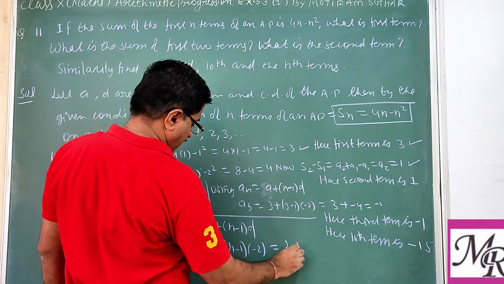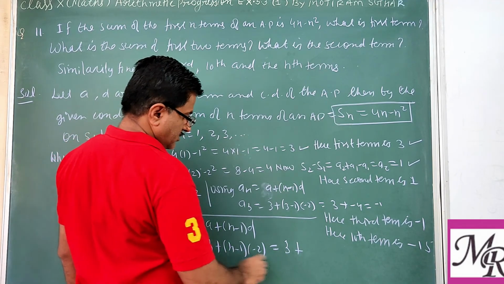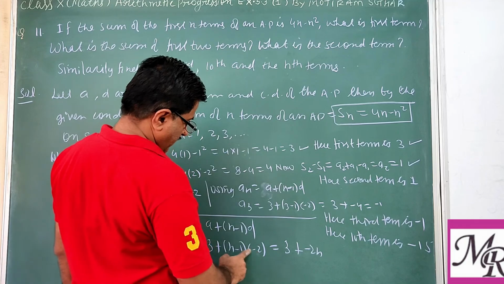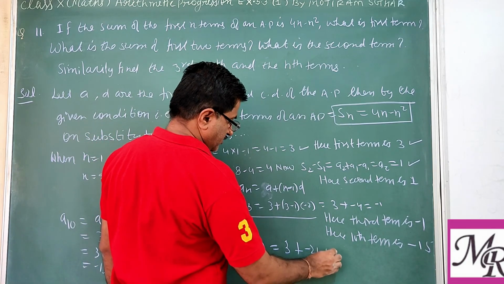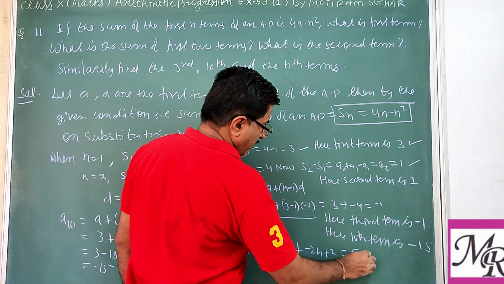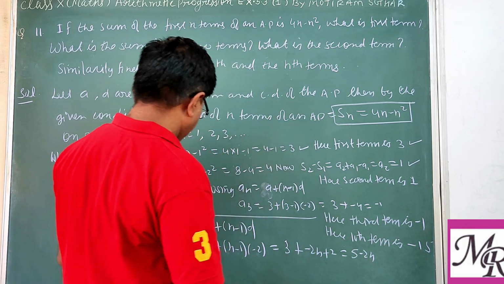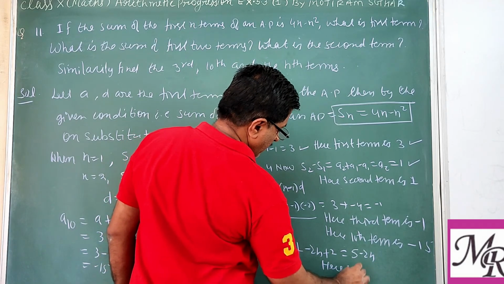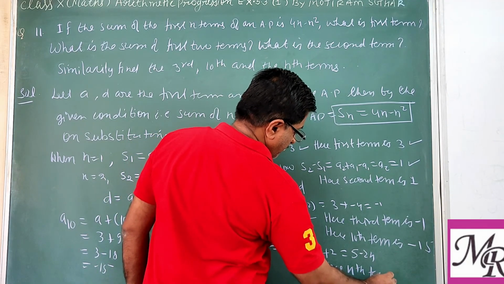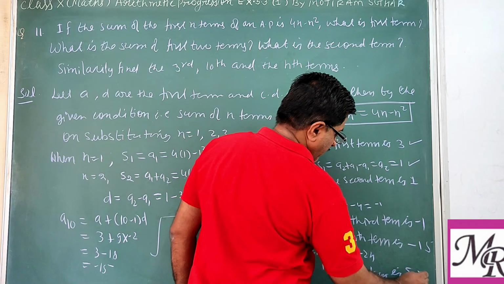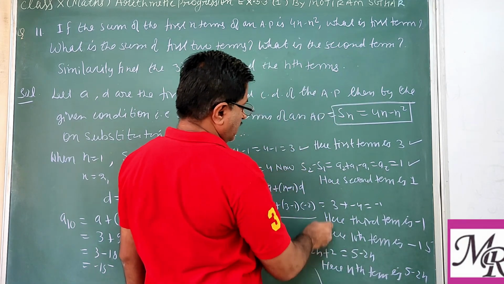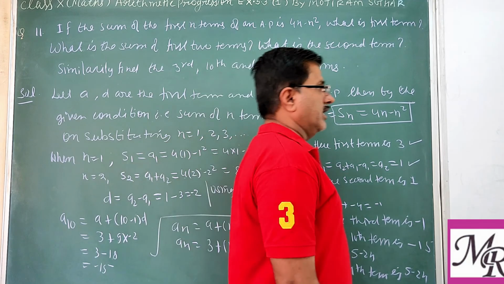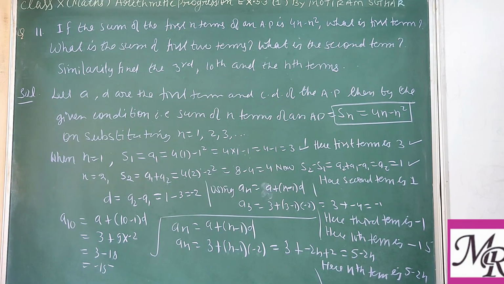Simplify: 3 plus minus 2n minus 2 plus minus, that is plus 2. So 5 minus 2n. So the nth term is 5 minus 2n. So all these answers we get: the first term, second term, 10th term and nth term.